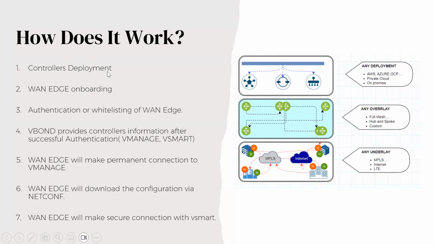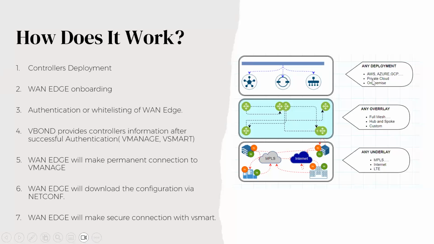Now the big question is, where do we deploy them? These controllers consume a lot of memory, so most organizations tend to go for a cloud and deploy there. From this diagram you can understand that it can be deployed in the cloud, AWS, Azure, or GCP.